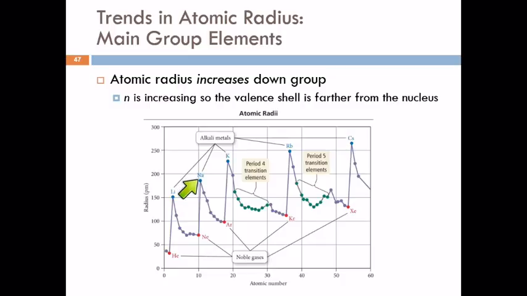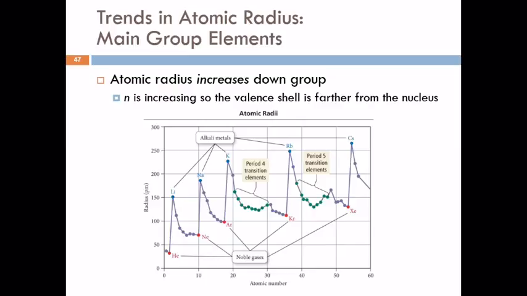Then there's another trend. Let's look at sodium, and next to sodium is magnesium, and then boron and carbon and nitrogen and oxygen and chlorine and argon. Here we see that the radius decreases as we go across a period.